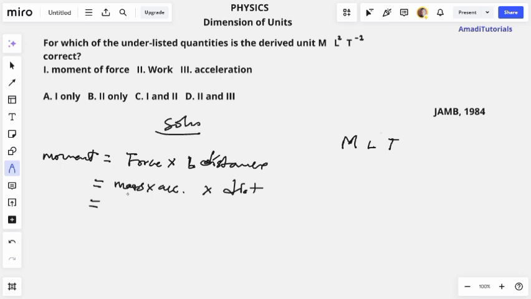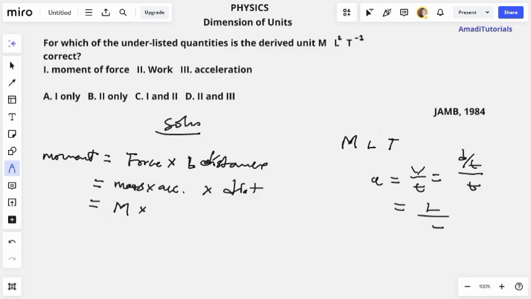So mass here, its dimensional unit remains M. Then acceleration, A, is defined as velocity over time. And velocity on its own is defined as displacement or distance over time. Then another over time. So the dimensional unit for distance is length. Distance is a length and time remains time.